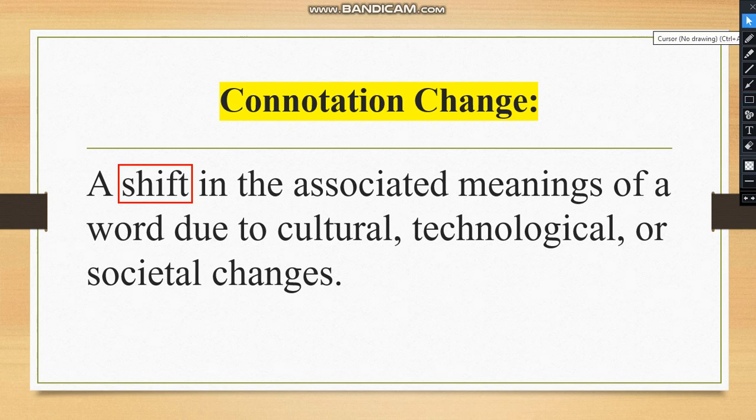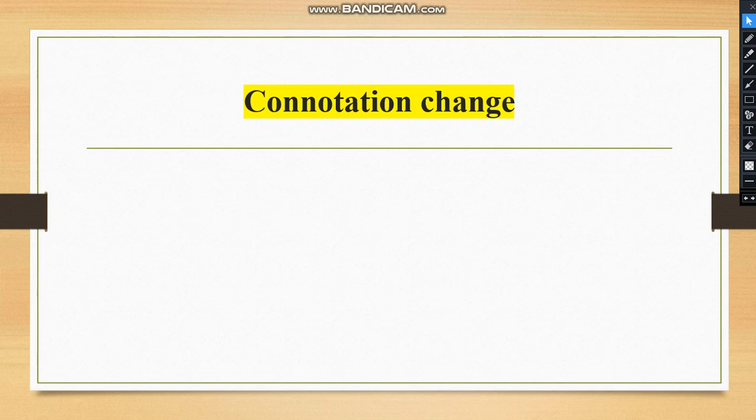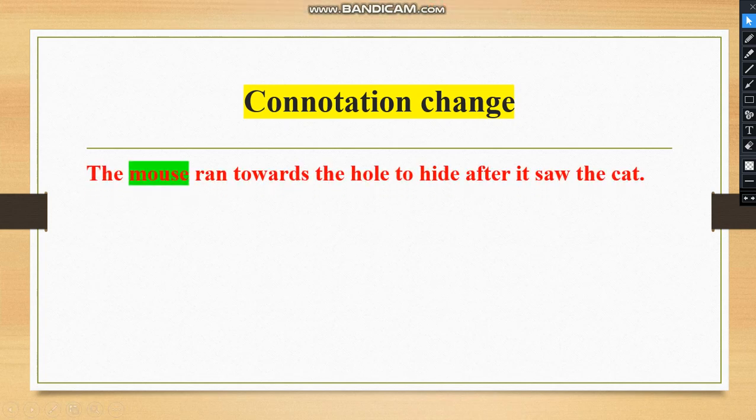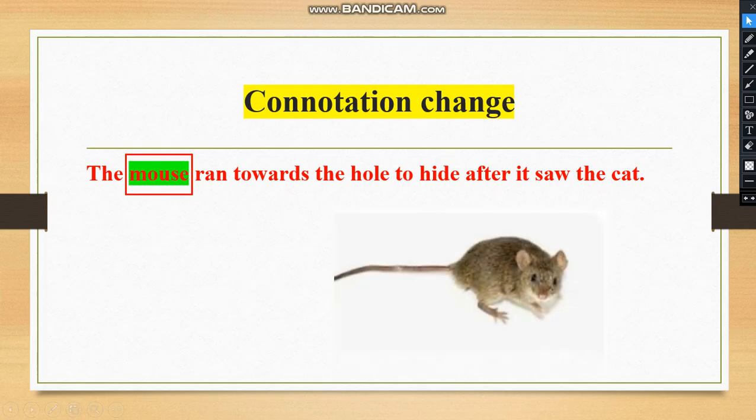Now you're going to see how it works. Example: the mouse ran towards the hole to hide after it saw the cat. Let's consider that the word mouse is used in its primary meaning here, referring to an animal.